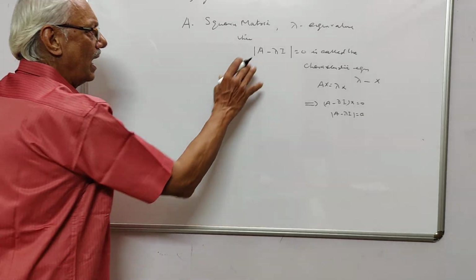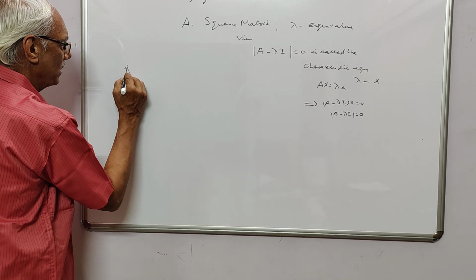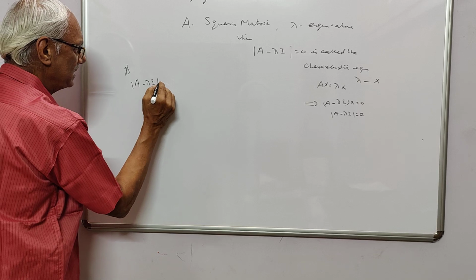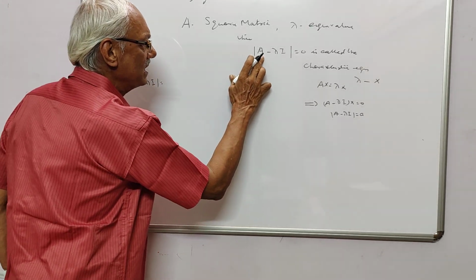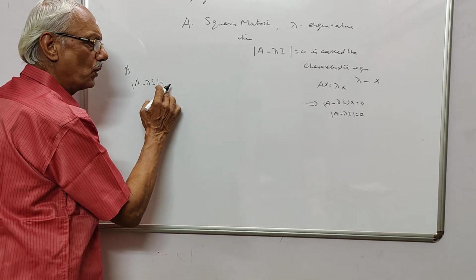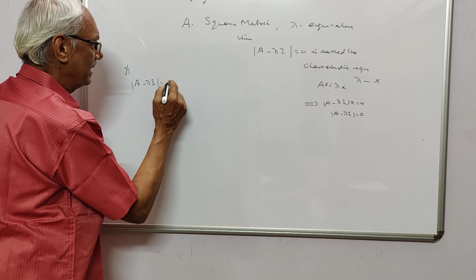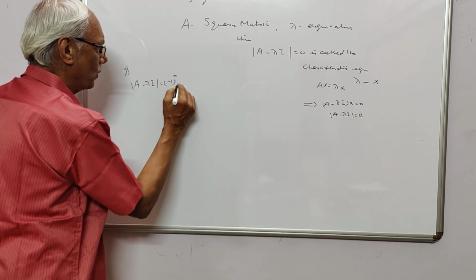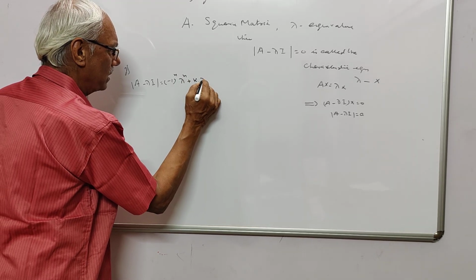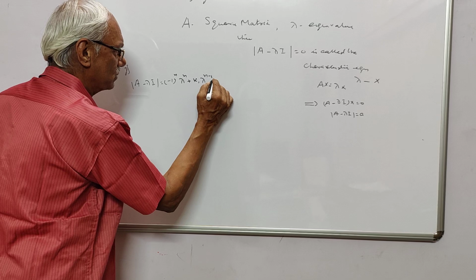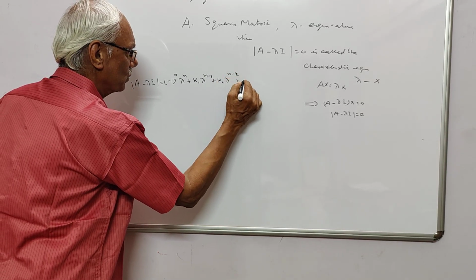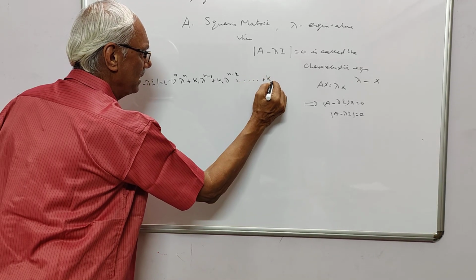Now I will give this. So if A is of order n, then the determinant of A minus lambda I will be a polynomial of order n, that is, minus 1 to the power of n lambda to the power of n plus k1 lambda to the power of n minus 1 plus k2 lambda to the power of n minus 2, dot dot dot, up to kn.